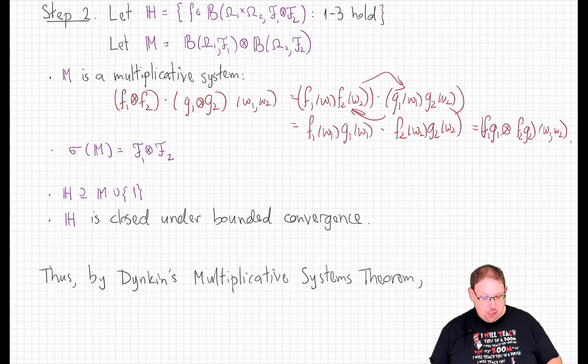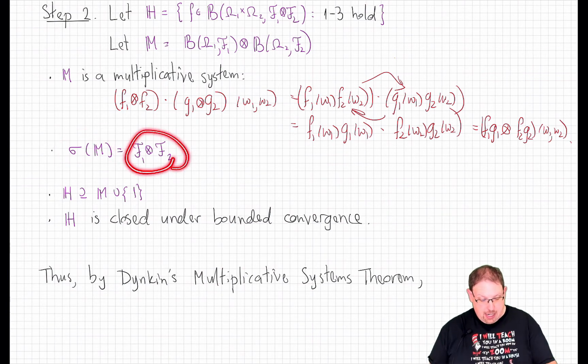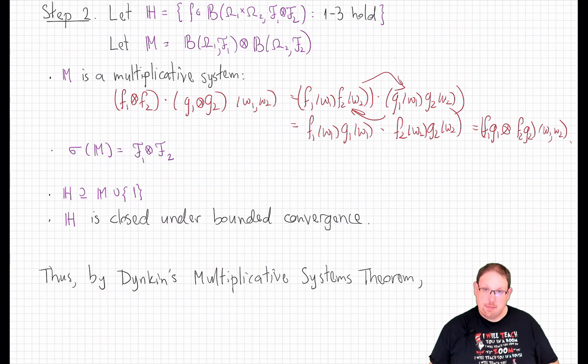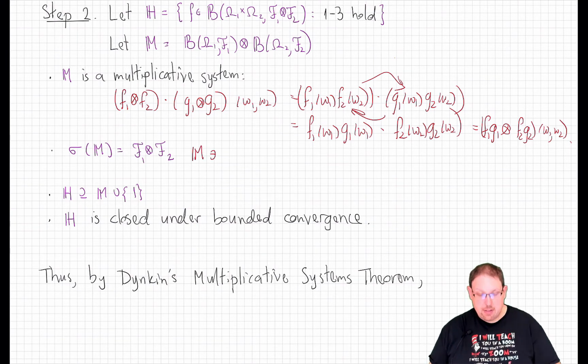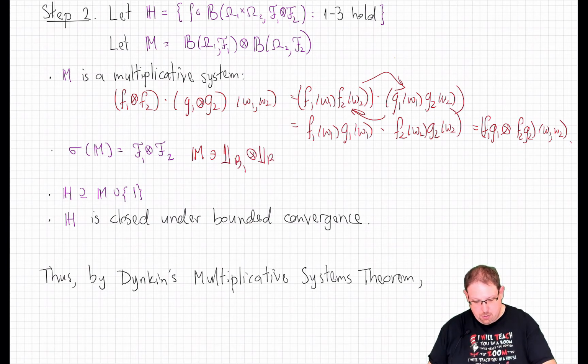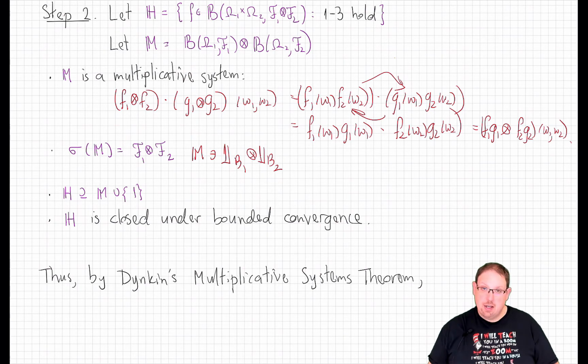Next, we'd like to show that the sigma field generated by M is the entire product sigma field. But that's almost immediately true because M, the set of bounded tensor product functions, contains the tensor product of any two indicator functions of sets in F1 and F2.